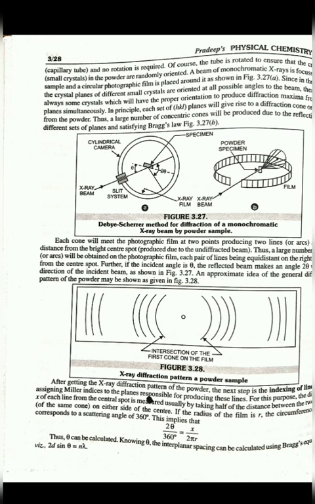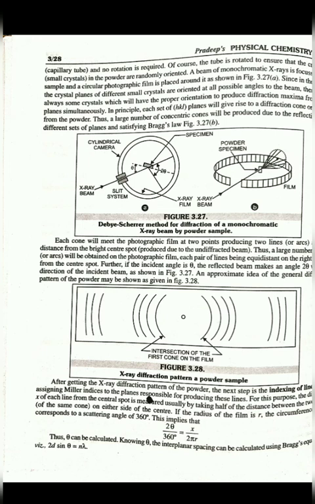After getting the X-ray diffraction pattern of the powder, the next step is the indexing of lines, that is, assigning Miller indices to the planes responsible for producing these lines. For this purpose, the distance x of each line from the central spot is measured, usually by taking half of the distance between the two lines of the same cone on either side of the center.